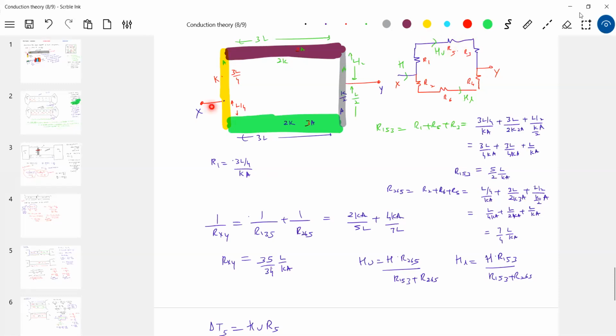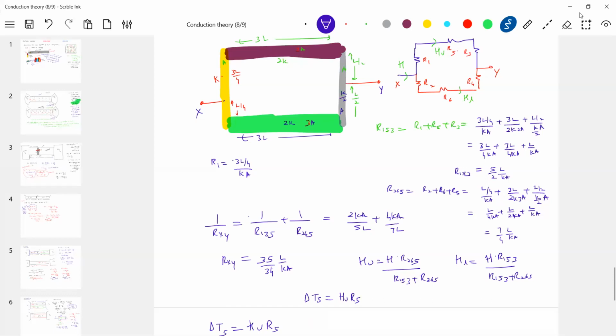So the type of question you get is, find the temperature difference across this rod. If you can calculate the temperature difference, it will be shared by these three, no? The temperature difference here will be shared by these two. You can go for the series method or any of these methods. So I'll write it here: delta T phi is equal to.